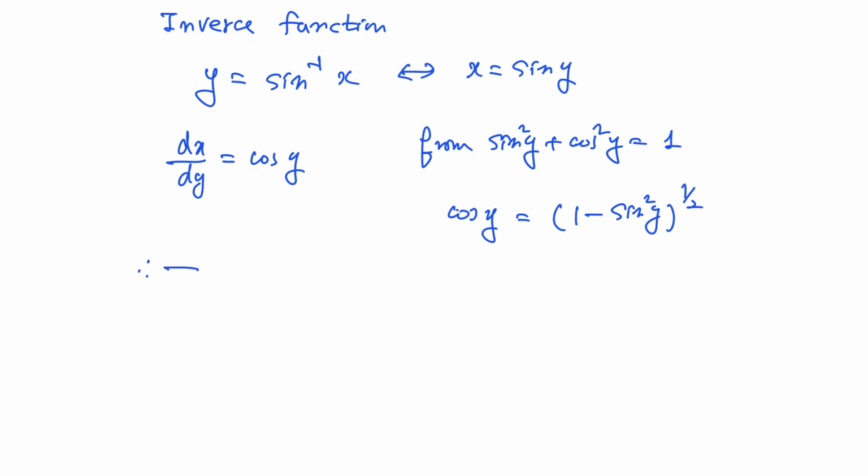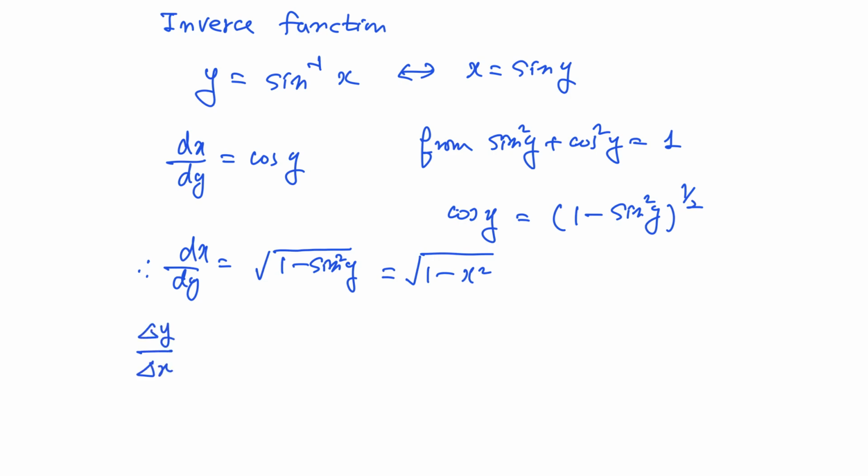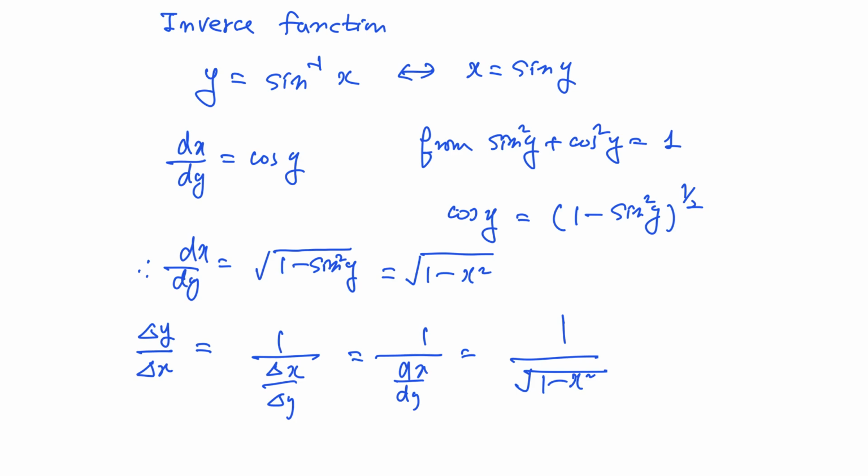Therefore, dx/dy is actually, it does a plus or minus, but you can choose, square root of 1 minus sine squared y, which is square root of 1 minus x squared. So dy/dx is 1 over dx/dy, which is 1 over square root of 1 minus x squared. Therefore, d/dx sine inverse x is 1 over square root of 1 minus x squared.